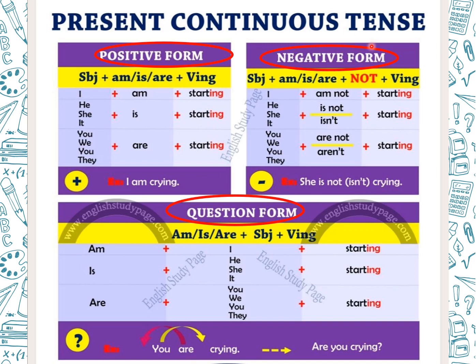Untuk present continuous tense ada ing. You are crying, change into are you crying? You are sleeping, are you sleeping? She is swimming in the sea. Is she swimming in the sea? Macam tu je dia tukar-tukar.